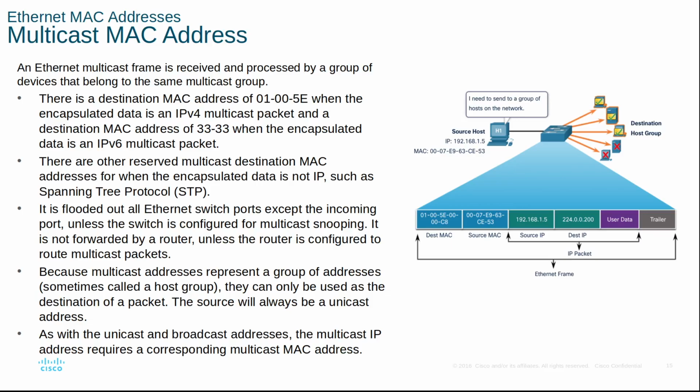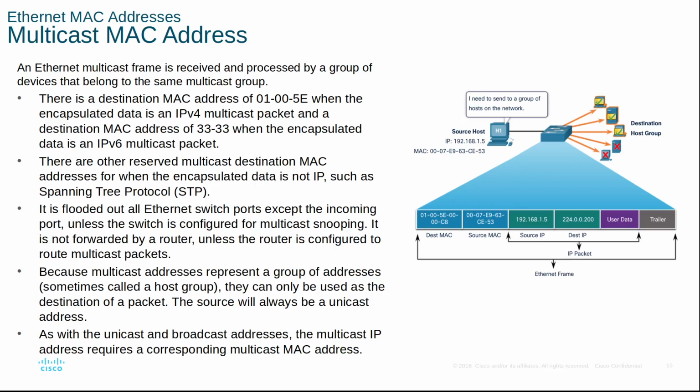Next up, we have multicast addresses. So these have destination MAC addresses of, well, those values there, if it's IPv4, or the other value there if it's IPv6. There are reserved multicast addresses for encapsulated data which isn't IP, such as spanning tree, which we're going to look at later in the semester.